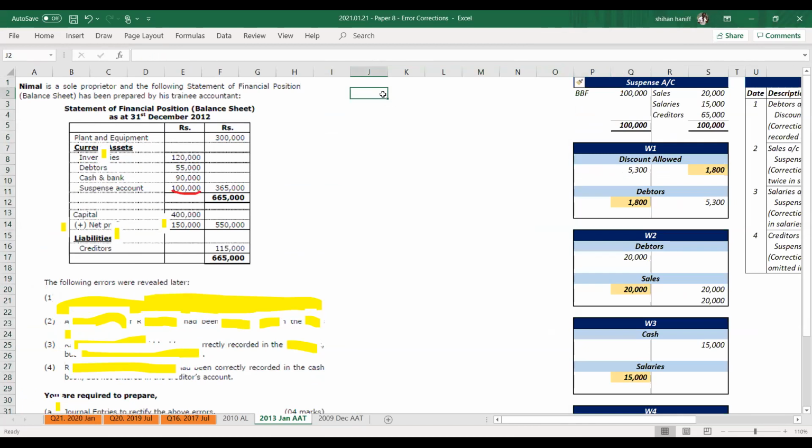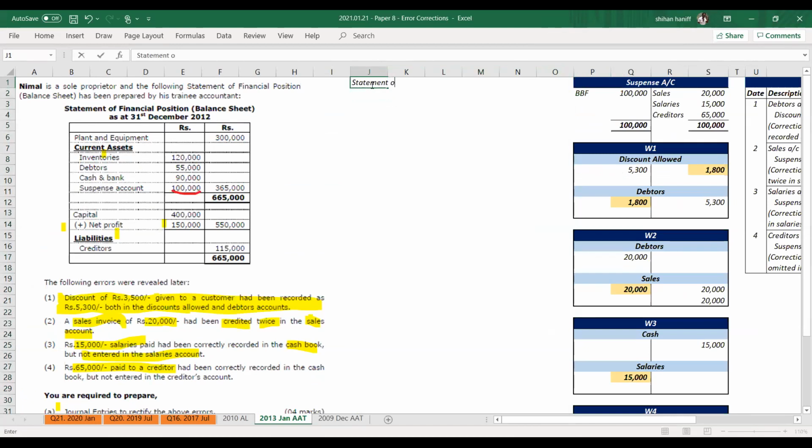So let me prepare here. Non-current assets.